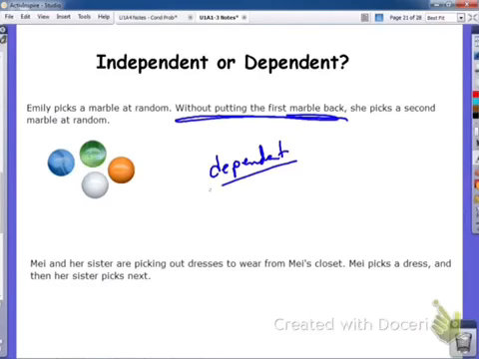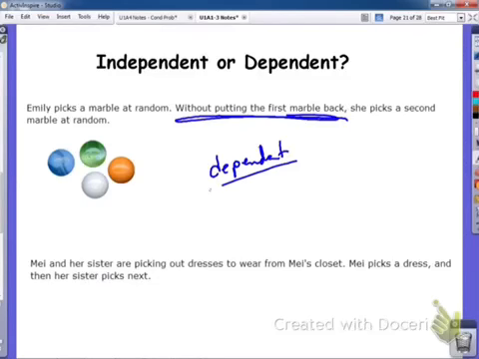Dependent. Now, next example: May and her sister are picking out dresses to wear from May's closet. May picks out a dress, and then her sister picks next. Is this an independent or a dependent situation? What do you say, Alyssa?